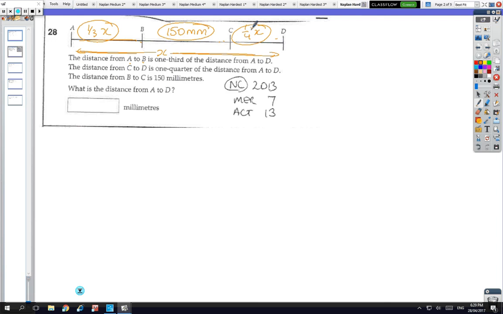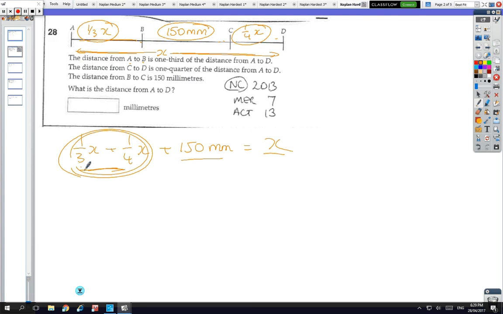Okay, so we're back. So I've got 1/3 of an x plus 1/4 of an x plus 150 millimeters equals the whole x. So once we add these numbers up, we know that it has to add up to x.